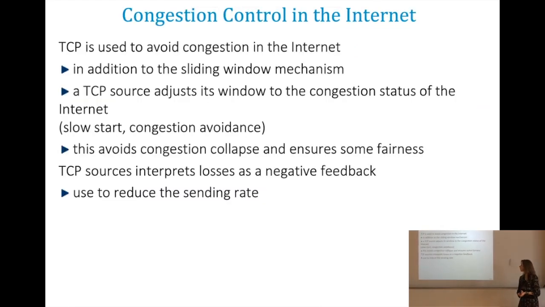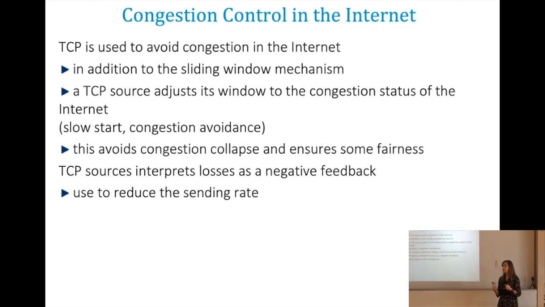So it will start slowly to send data, and if it receives a positive acknowledgement, it will increase linearly this window size, so this bit rate. And if it receives a negative feedback, so a packet loss, it will divide the bit rate by 2.